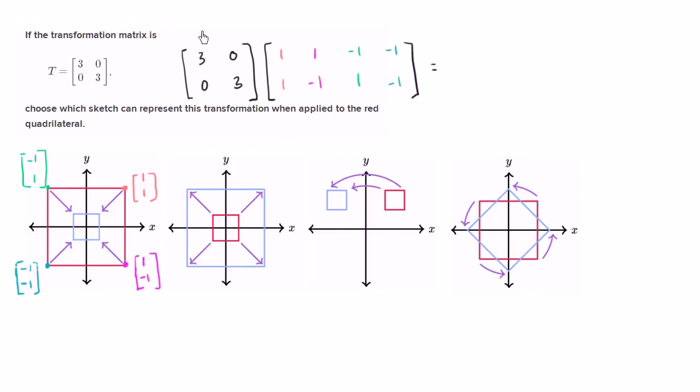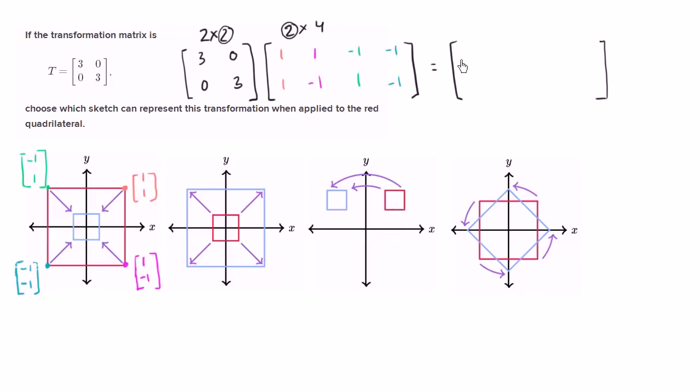So what is this going to be equal to? We have a 2 by 2 times a 2 by 4. Matrix multiplication is defined here because we have the same number of columns as we have rows right over here. And this is going to result in a 2 by 4 matrix, which makes sense because we're going to need 4 column vectors for our 4 new transformed points. Let's figure out what it is.